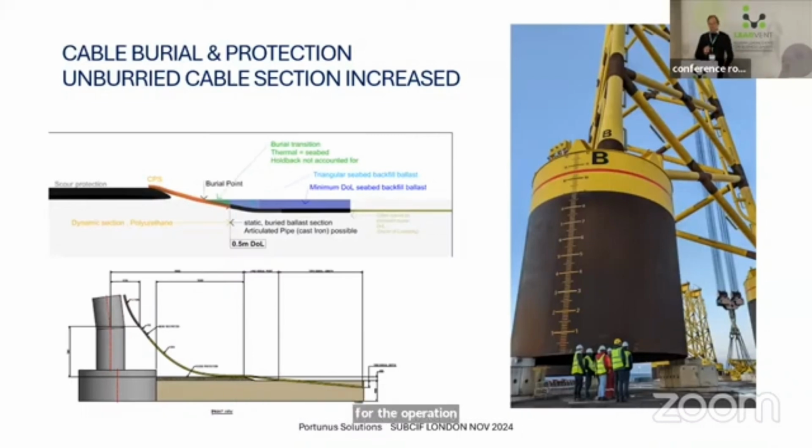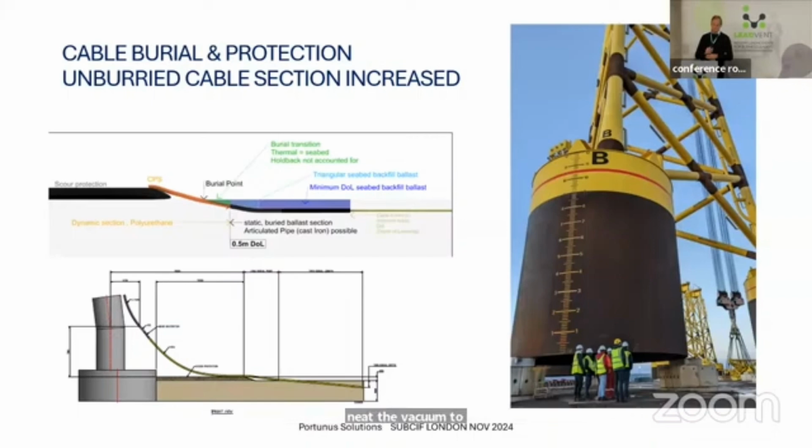It's actually also used to secure that the suction is working during the installation, to ensure that the suction doesn't leak when we actually need the vacuum to get the suction into the seabed.